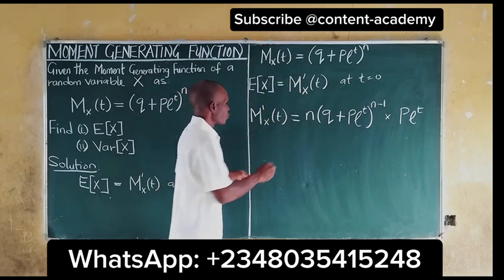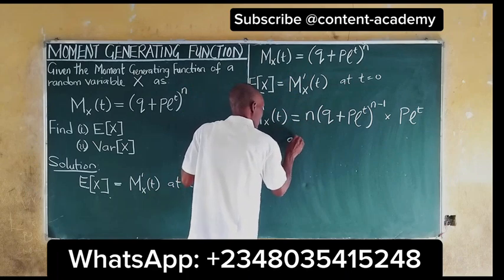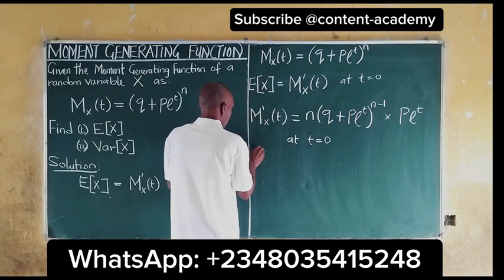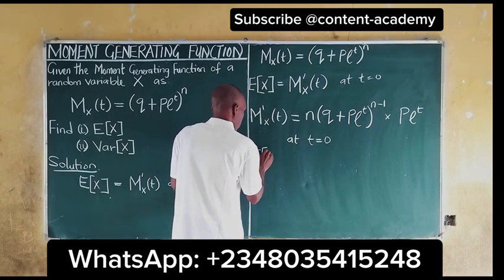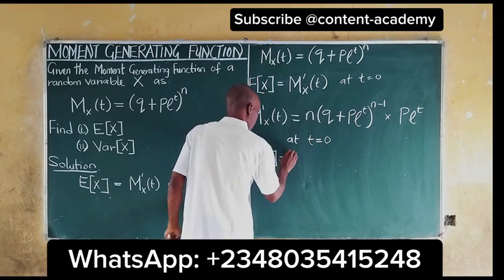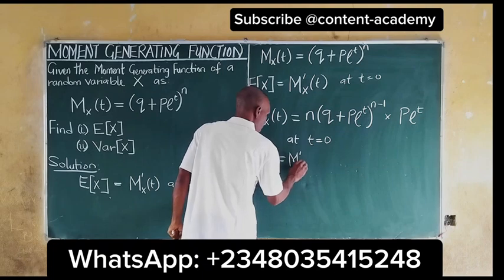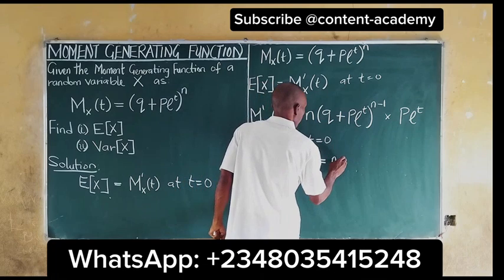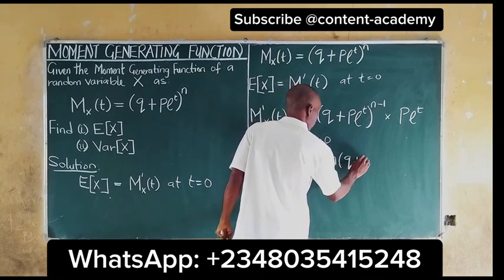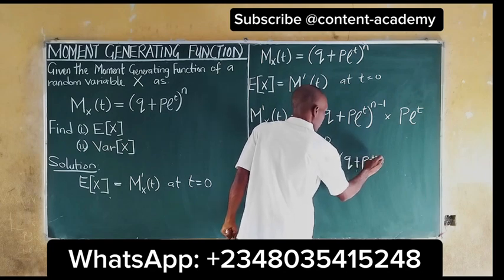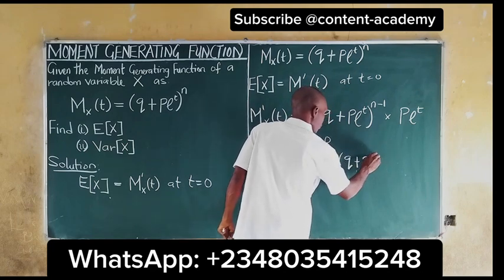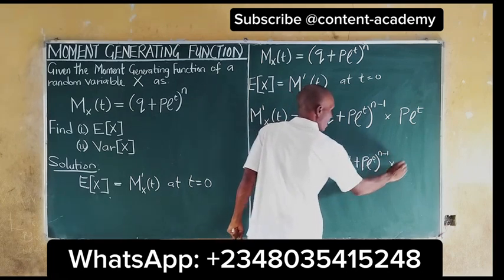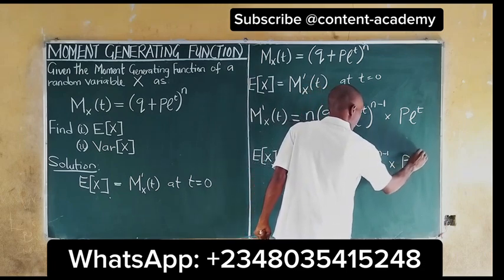The next thing to do, we'll say at t equal to 0, we'll have that our expectation of X will be equal to M'_X(0), which is equal to n into (q plus p e^0), sorry, anywhere we see t, we put 0, raised to the power of n minus 1 multiplied by p e^0.